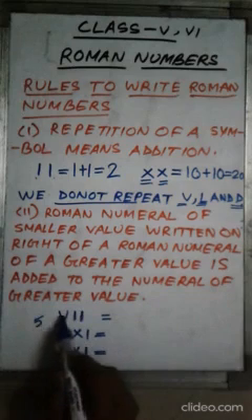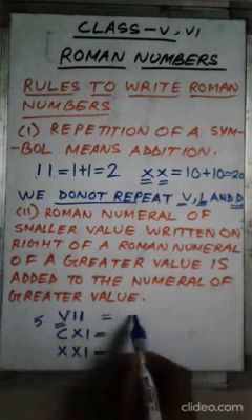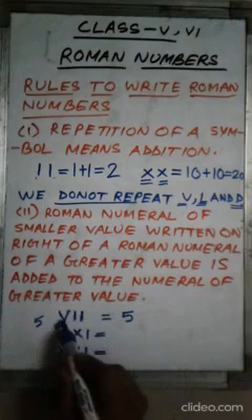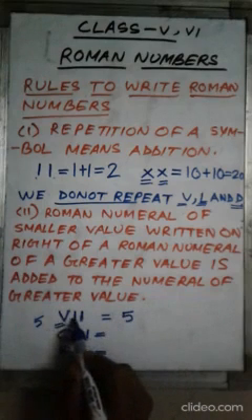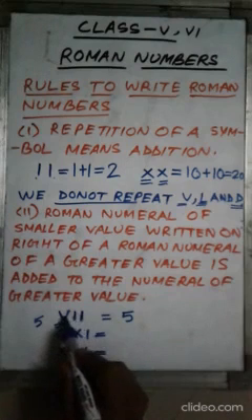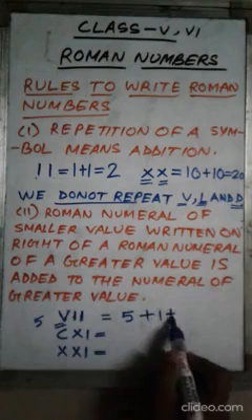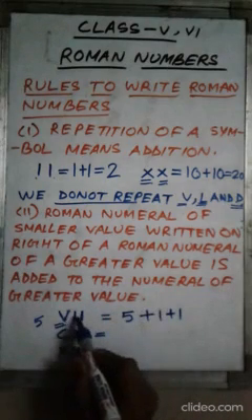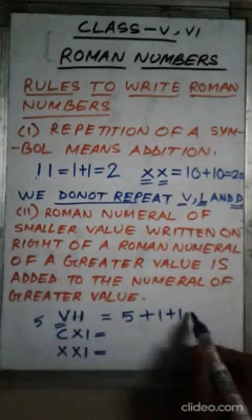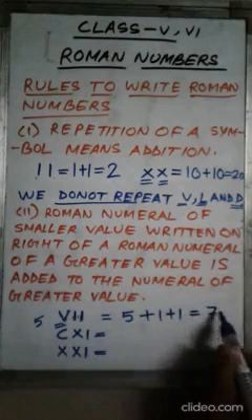The greater value 5 has the smaller values written on its right side. Therefore these two will be added to 5, so it is 5 plus 1 plus 1, equal to 7.